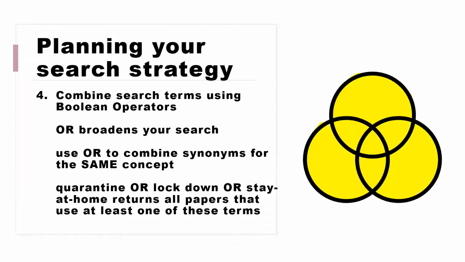So for example, if you combined quarantine or lockdown or stay at home, they're all ways of describing that same idea, then it returns all the papers that use at least one of those terms. So as long as it mentions quarantine or lockdown or stay at home, you bring it back. So in that Venn diagram, everything is shaded in.